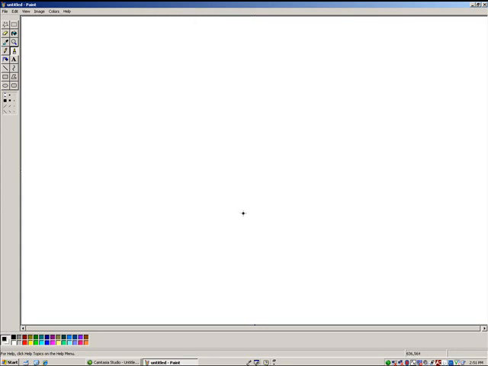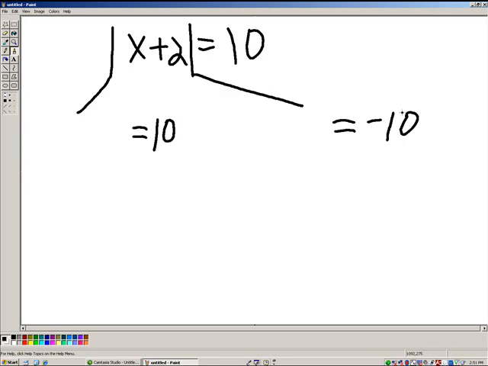Simple enough. Sometimes there's more to the value inside the absolute value sign than just an x. In this case, absolute value of the quantity x plus 2 equals 10. It really doesn't change much. We still want to account for a positive 10 and a negative 10, because both could exist inside the absolute value sign.